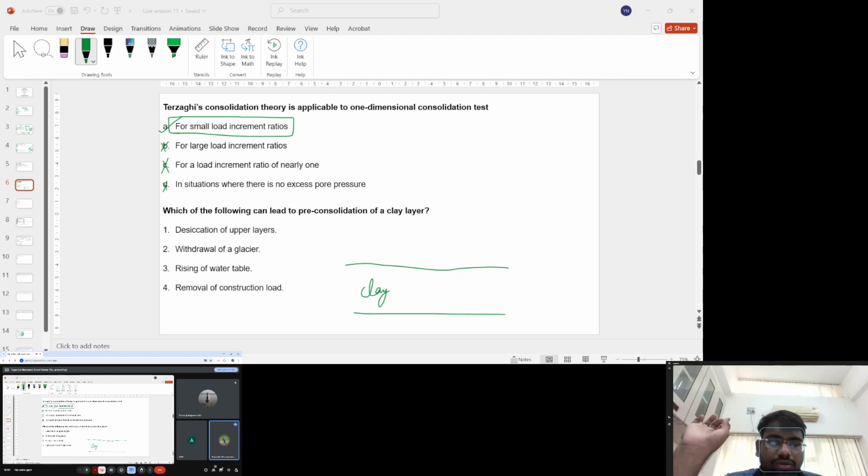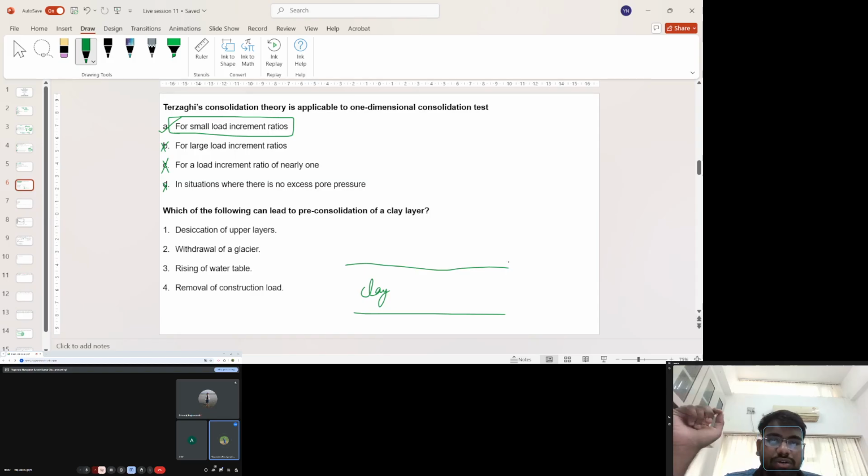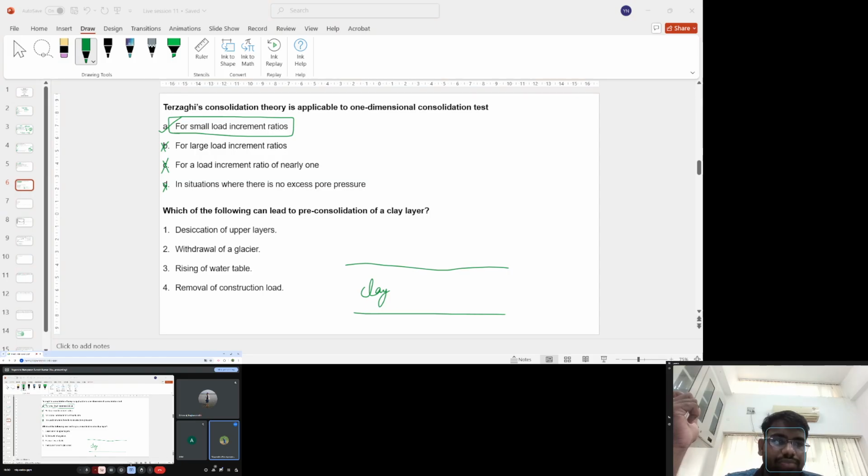Now, when you remove the glacier load, or when you remove the construction load, what happens? Pressure is released, pressure reduces. That means prior to that there was no pre-consolidation, and due to these two factors it is contributing to a pre-consolidation pressure which did not exist before.